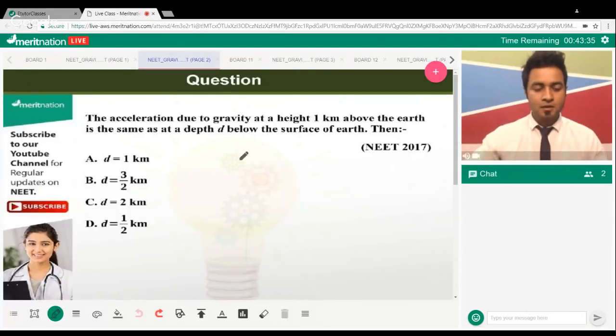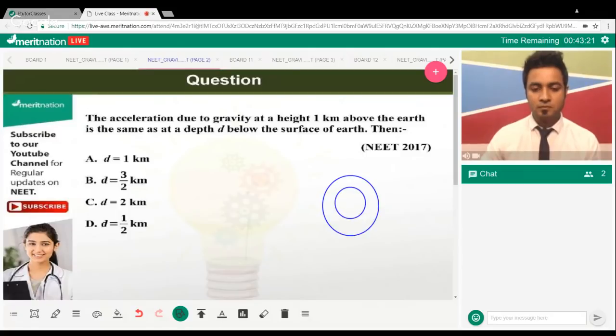So guys, we know the variation of gravity with respect to the height.